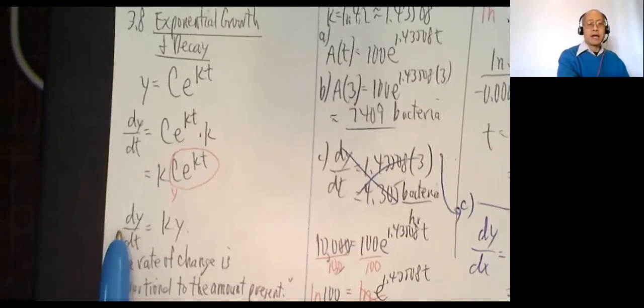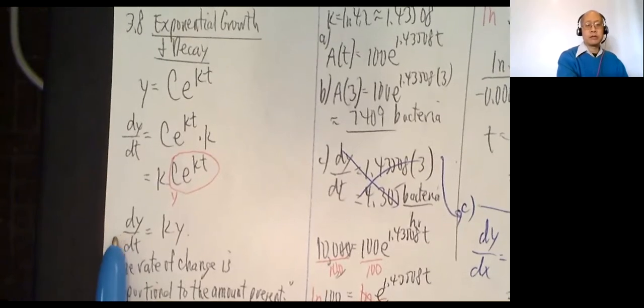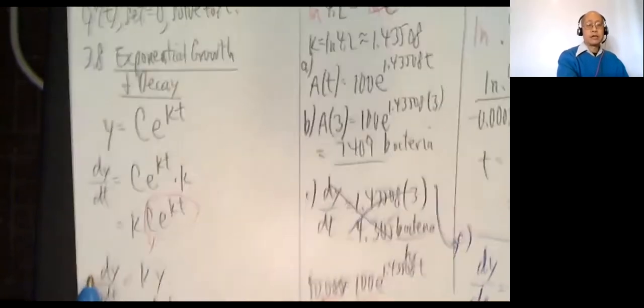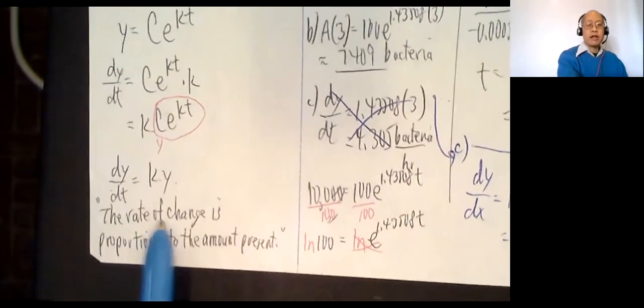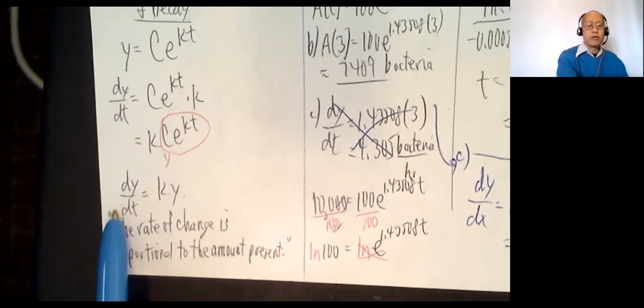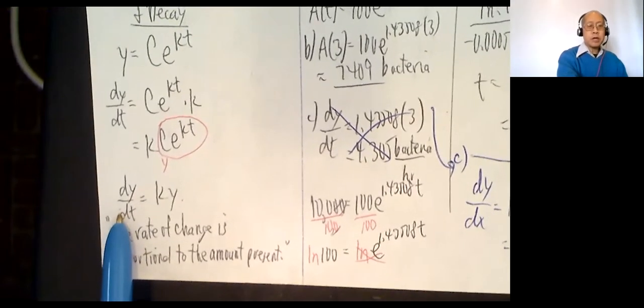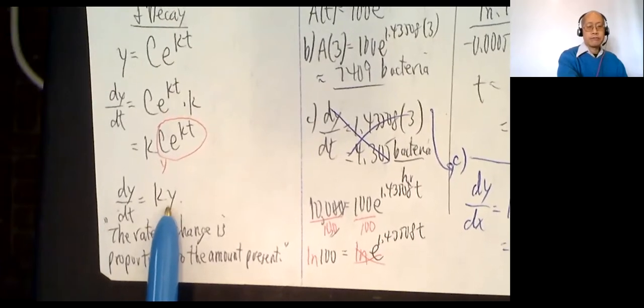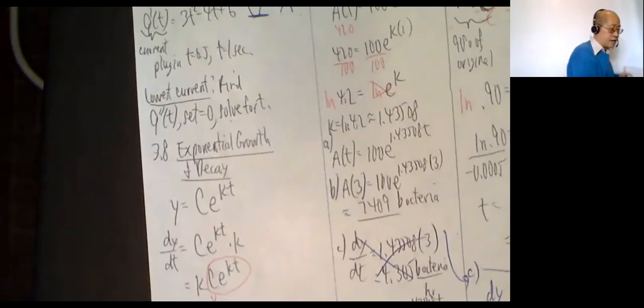So you can see that's where they came up with the differential equation, dy/dt is equal to k times y. I have there the language: the rate of change is proportional to the amount present. Rate of change, dy/dt, proportional, k, to the amount that's already present, y. So that matches that differential equation that they had.